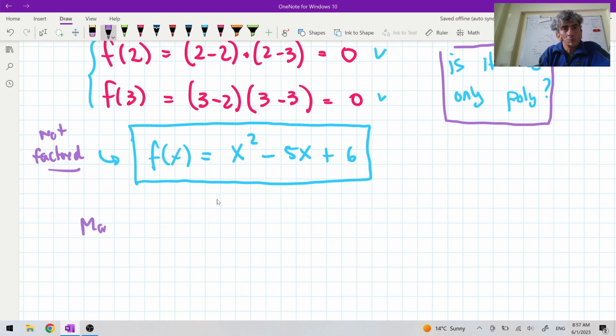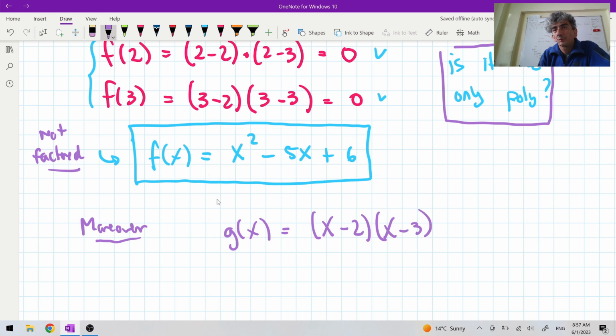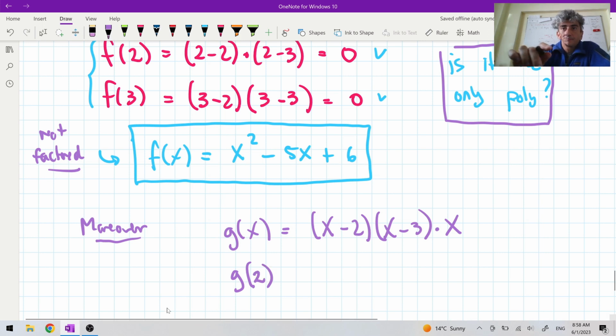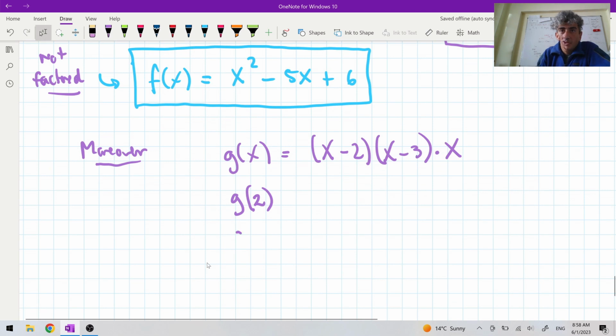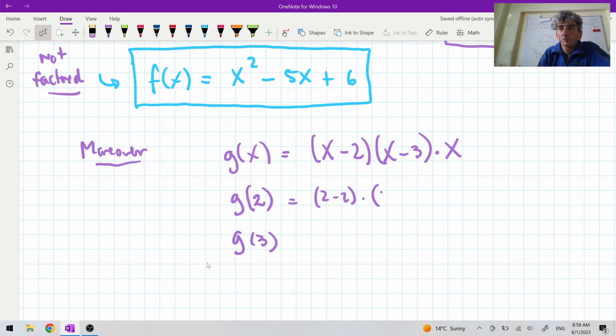Moreover, g of x being (x minus 2) times (x minus 3) times x. When you think of evaluating g at 2 and 3, you get (2 minus 2) times (2 minus 3) times 2, which is also 0.